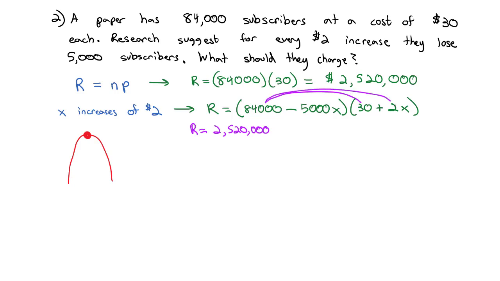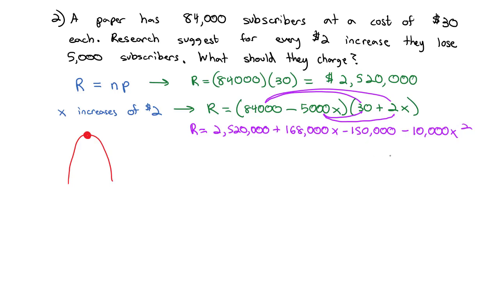Then we distribute the 84,000 on the 2x, so we get plus 168,000 x's. Then we'll distribute the negative 5,000x onto the 30, gives us negative 150,000x. And then we distribute the negative 5,000x onto the 2, gives us negative 10,000x squared.